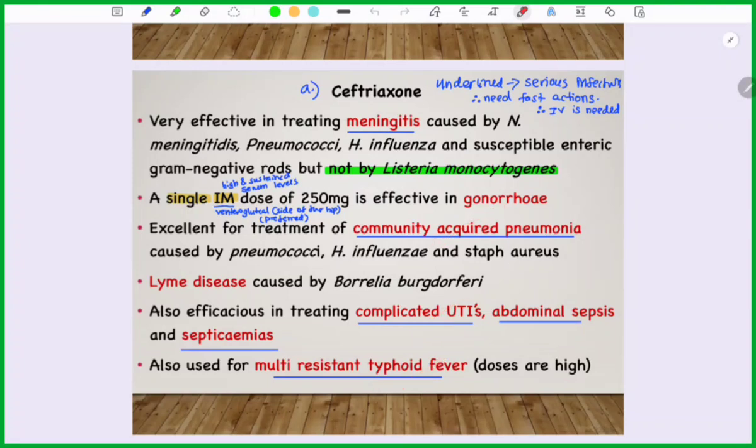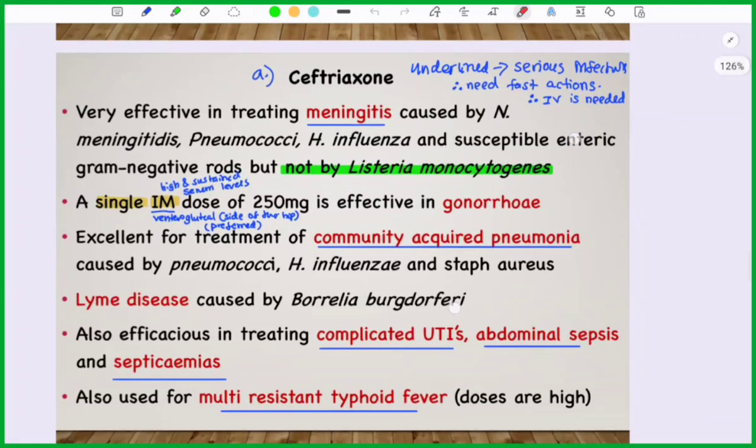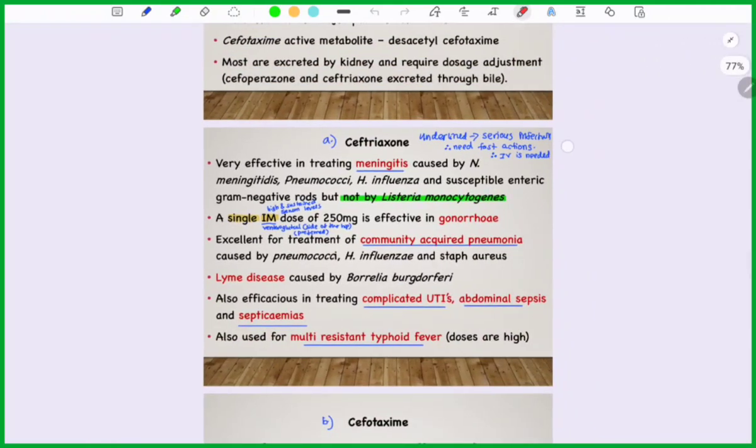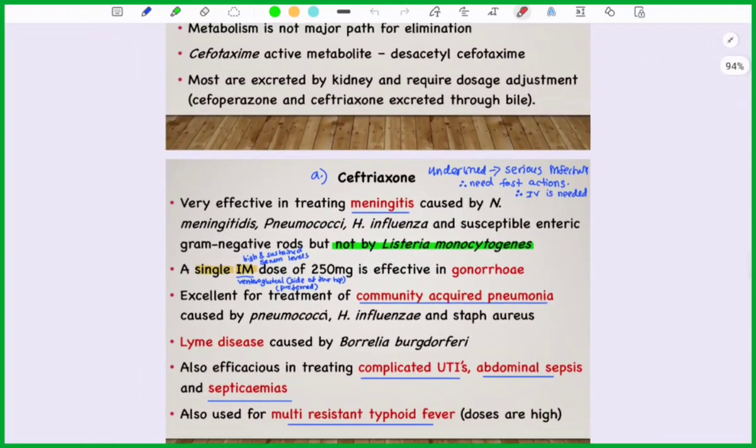There's a reason for the difference between IM and IV, we will see. Anyways, in gonorrhea, we use IM single dose, 250 milligrams. So here the answer is gonorrhea.